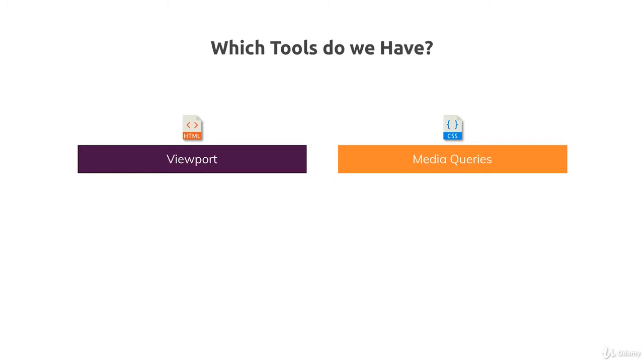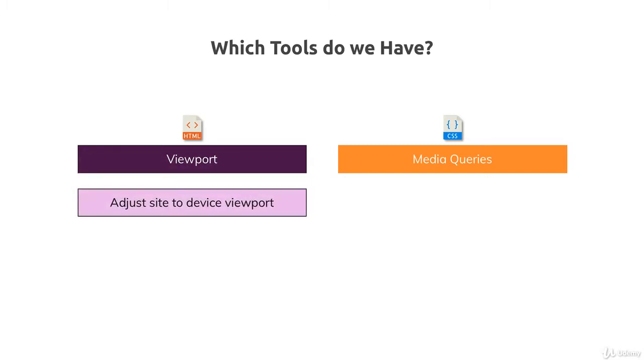Now let me show you the differences between these two concepts and especially why we need both to create our responsive website. The viewport meta tag is required to be able to adjust our site to the device viewport. We just saw that. If we only take into account the actual pixels, we will not be able to display our websites correctly or in a convenient and appropriate way on mobile devices.